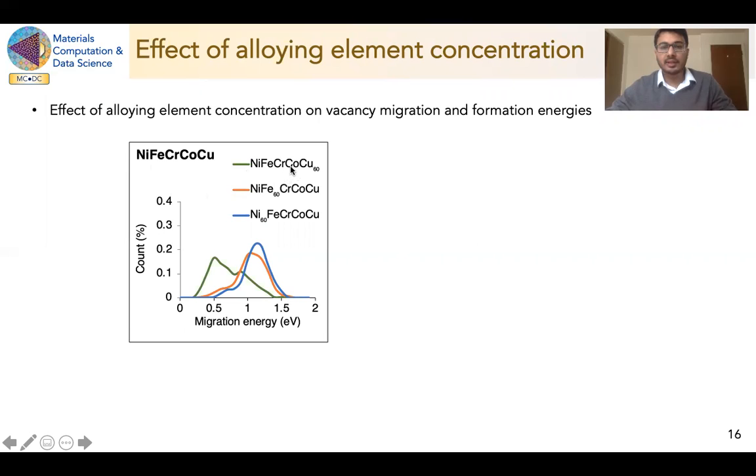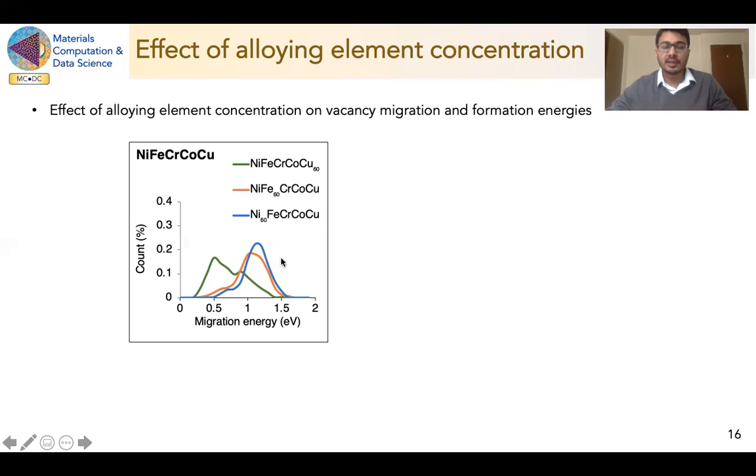Here I'm showing three compositions, and in each composition, one element has a higher concentration and the other elements have the same composition. So for example, the green curve is for a higher concentration of copper. Copper is 60%, and the rest of the elements have 10% concentration. And orange and blue are for the higher concentration of iron and nickel.